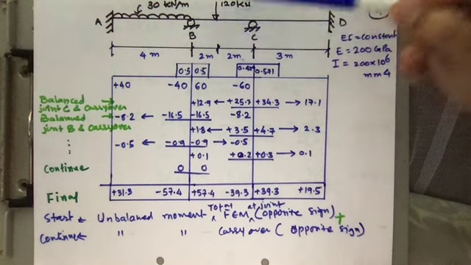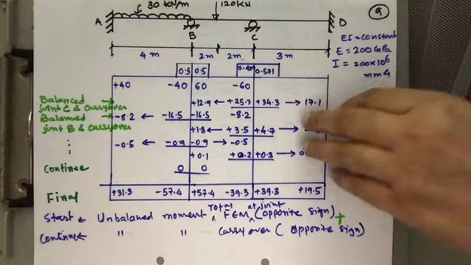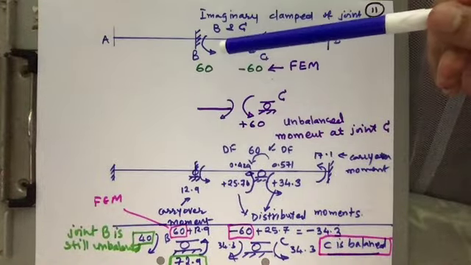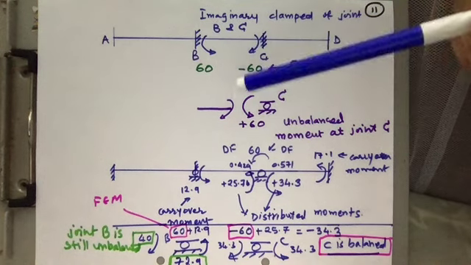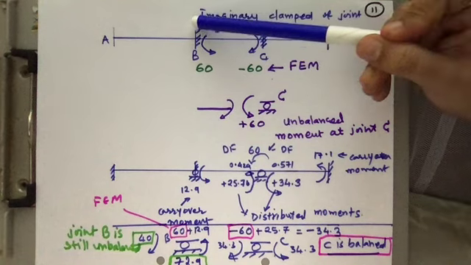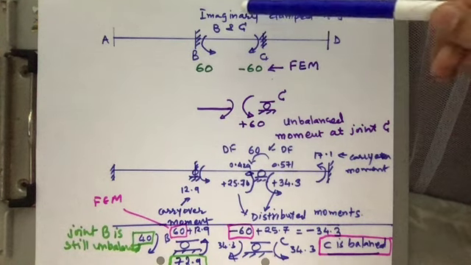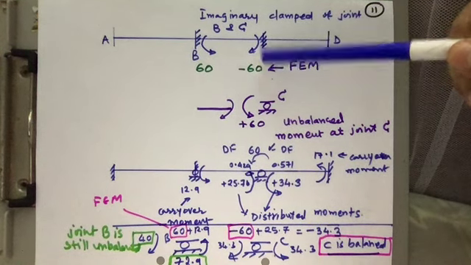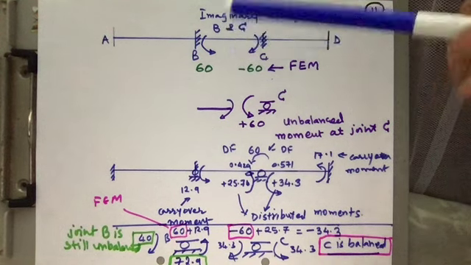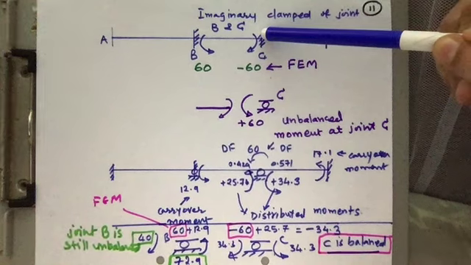That means we assume that these joints are fixed. In my next diagram I will show you more clearly. The entire process says that we first fix the joints which are undergoing rotation, in the present case B and C, with imaginary clamps.